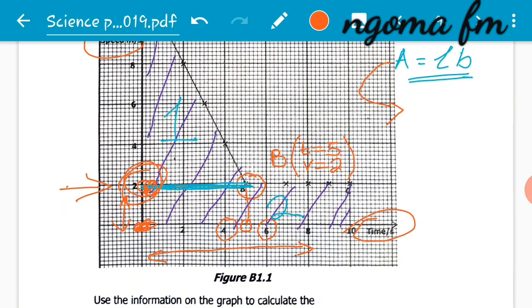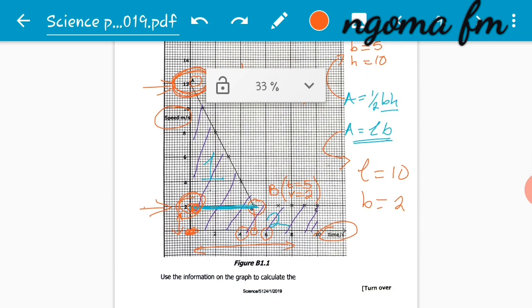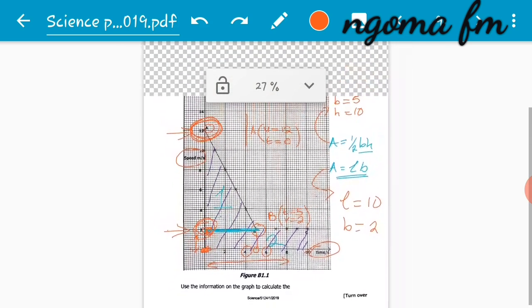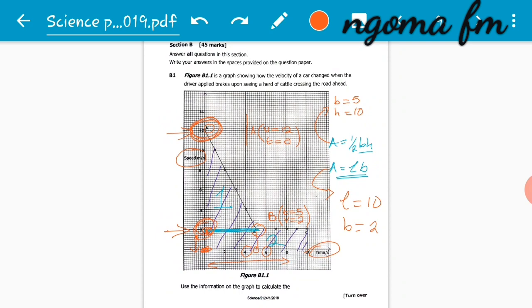So L is equal to 10, and B is equal to 2. So we take note of these points: B 5, H 10 for the triangle, L 10, B 2 for the rectangle.